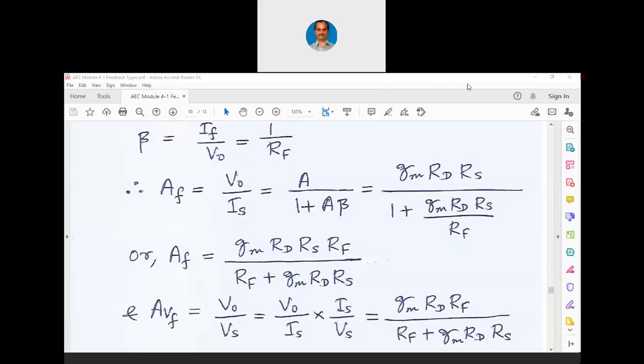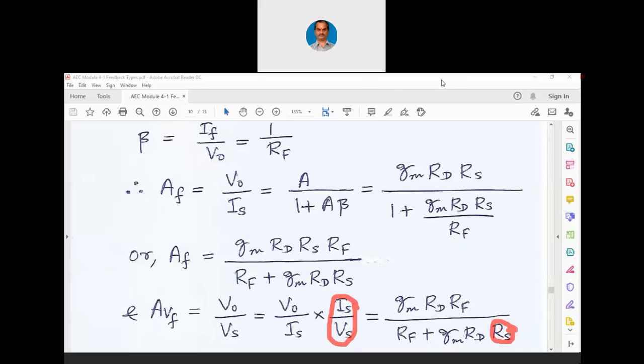So Is by Vs is nothing but 1 over Rs. That is there. And V naught by Is, we already have this formula. Okay. That way, here we had this Rs and here we had that one more Rs. This Rs gets cancelled with that other Rs. In fact, we have not substituted Is by Vs as Rs here.